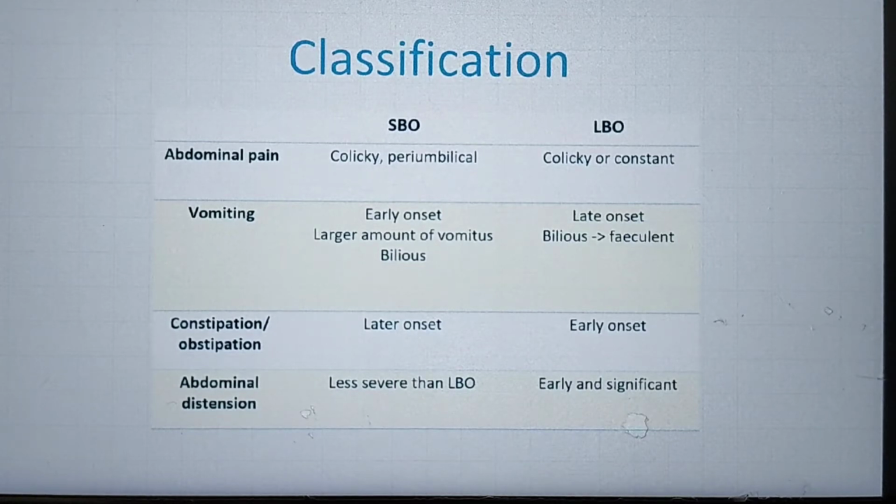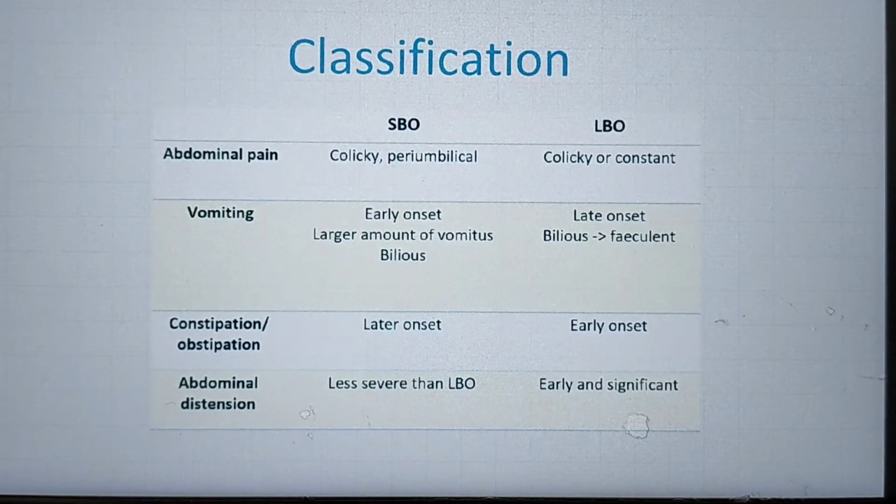For both types of bowel obstruction, the abdominal pain is usually colicky. However, in small bowel obstruction, the pain is usually around the periumbilical area, while in large bowel obstruction, the pain is usually around the lower abdomen.